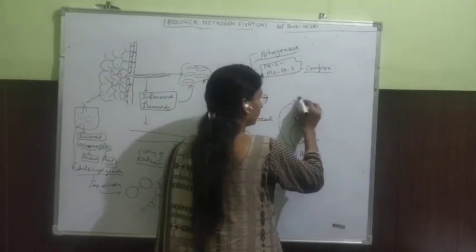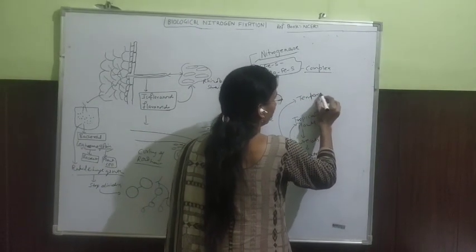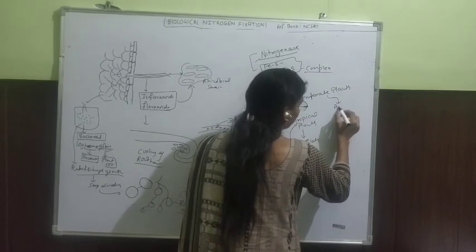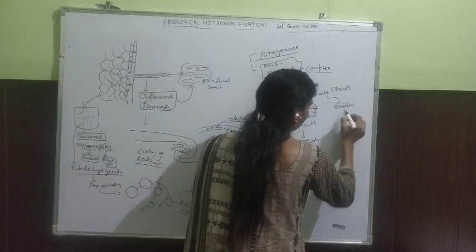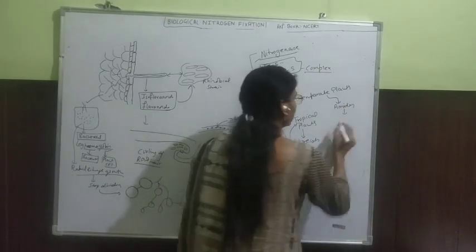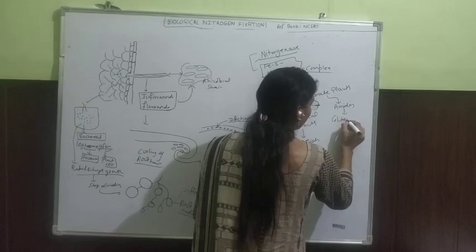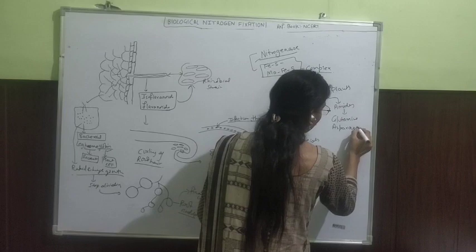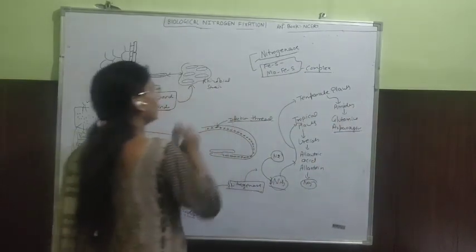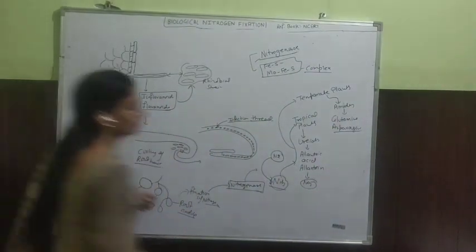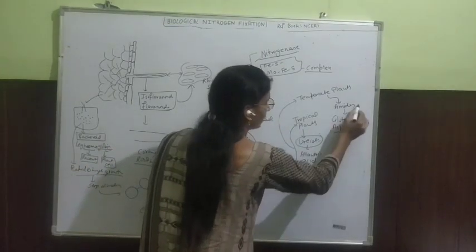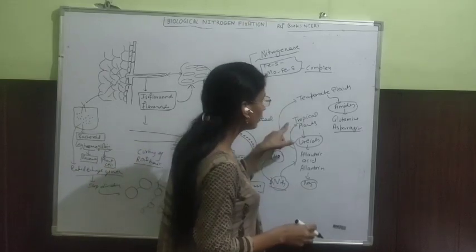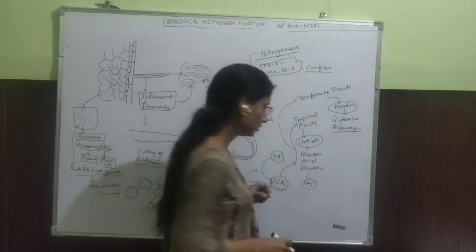The second fate is in the temperate plant. In temperate plants, they will produce amides. What are amides? They are two amino acids called glutamine and asparagine. So these ureides and amides are the storable forms of nitrogen in the tropical and temperate plants.